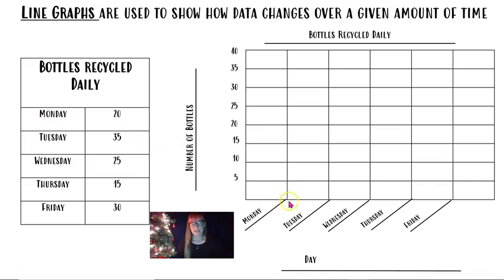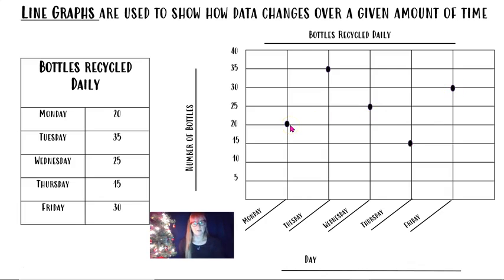So for Monday, I'm going to go up to the 20 and place a dot here. For the Tuesday, I'm going to go up to the 35 and place a dot. For the Wednesday, 25. The Thursday, 15. And the Friday would be 30.